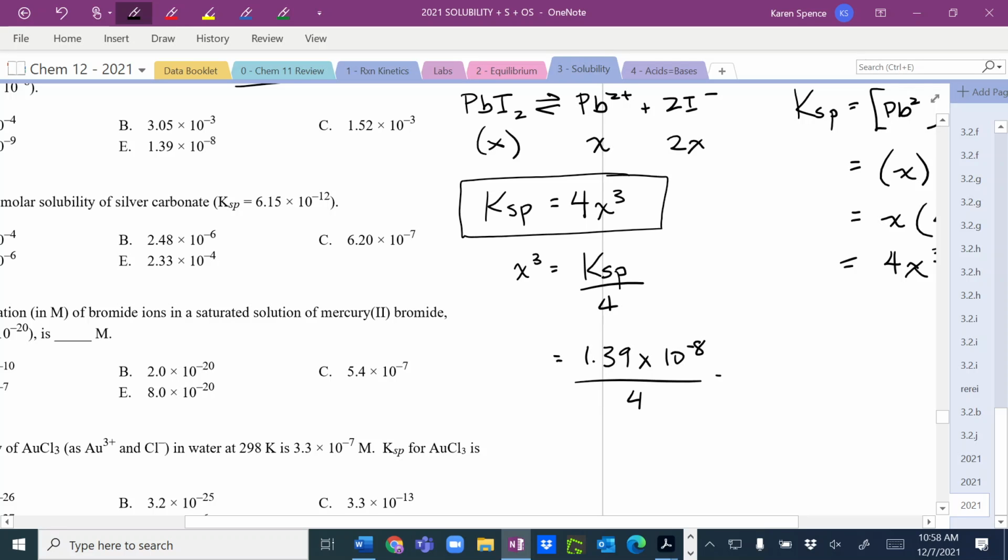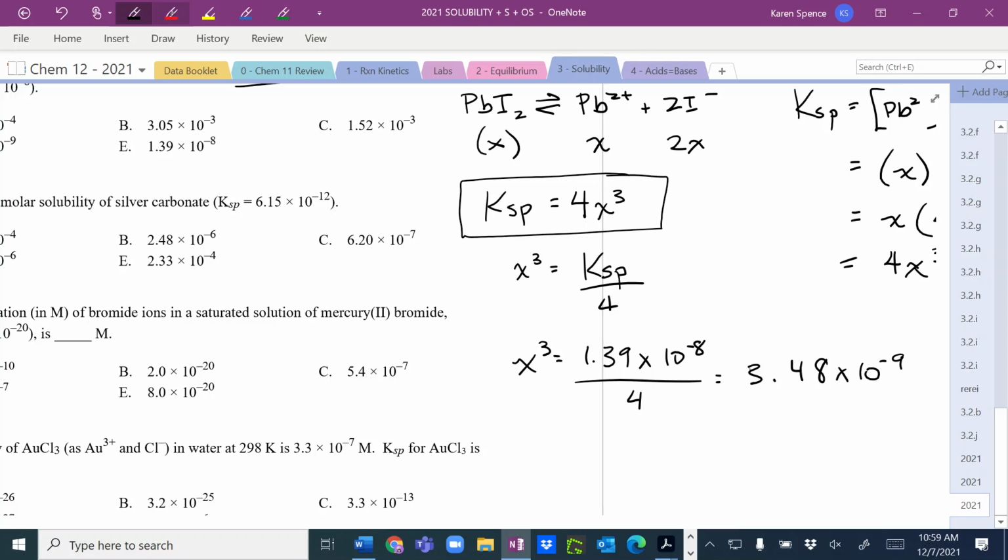I got a huge number, which made me think something's wrong with my answer. 1.39 times 10 to the minus 8 divided by 4, because I put it to the wrong power. Okay, so that is 3.48 times 10 to the negative 9, and that is equal to x cubed. We do not want x cubed, we want the concentration of I, which is 2x.